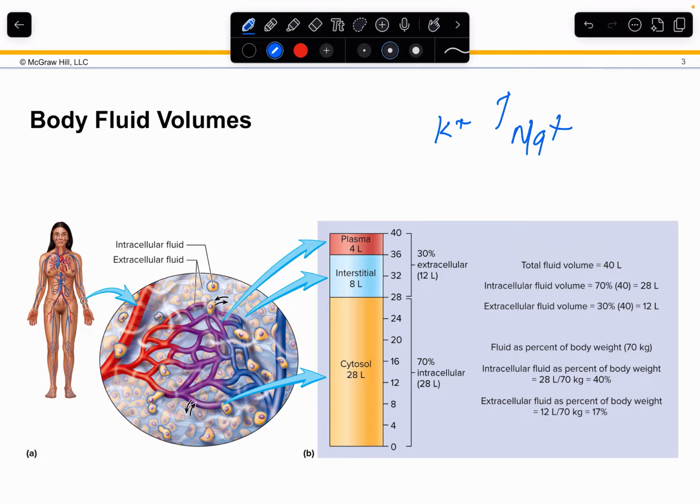Phosphate ions, etc. These ions are essential for cellular activities. For example, why are we using these ions? Maybe for ATP production or protein synthesis.